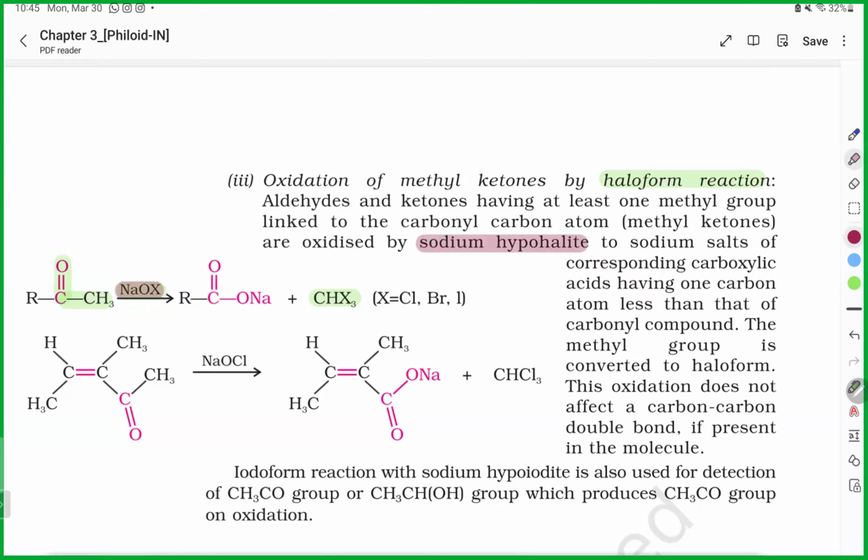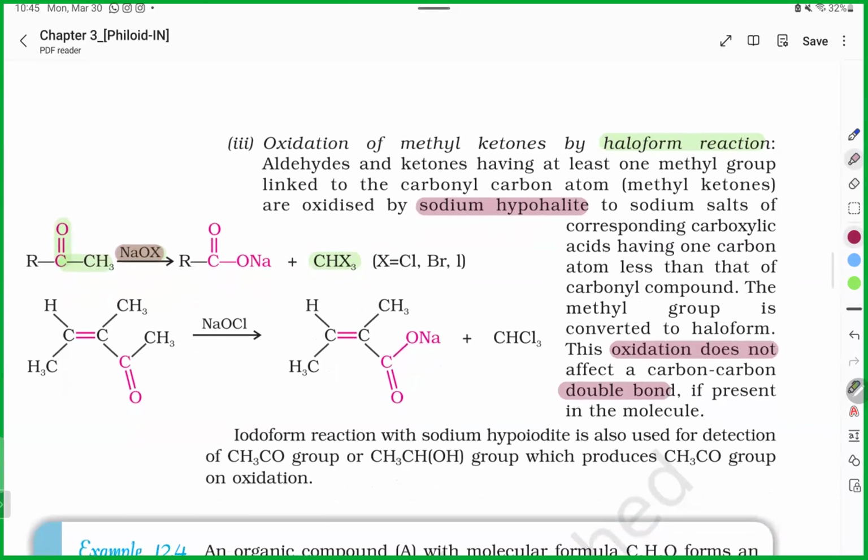So this part will convert into chloroform. But the question is given, this does not affect the double bond if present. This can be given either by this molecule or this molecule. Very important for your revision.